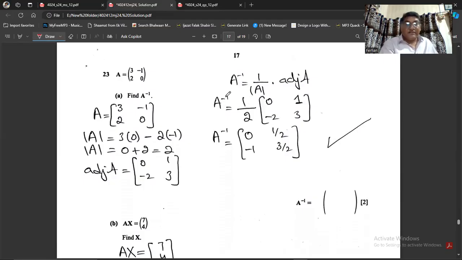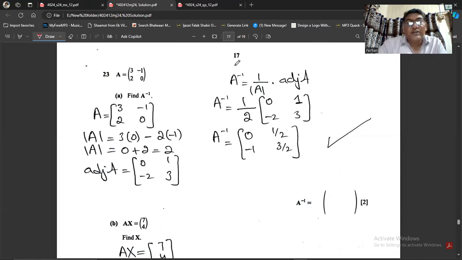So we will have determinant of A: you multiply this with this, minus, then you multiply this with this. So 3 into 0 minus 2 into minus 1. So it will be 0 plus 2, and that is 2. In the adjoint, we change the position of these 2 elements and we change the sign of these 2 elements. So you will have 0, 1, -2 and 3.